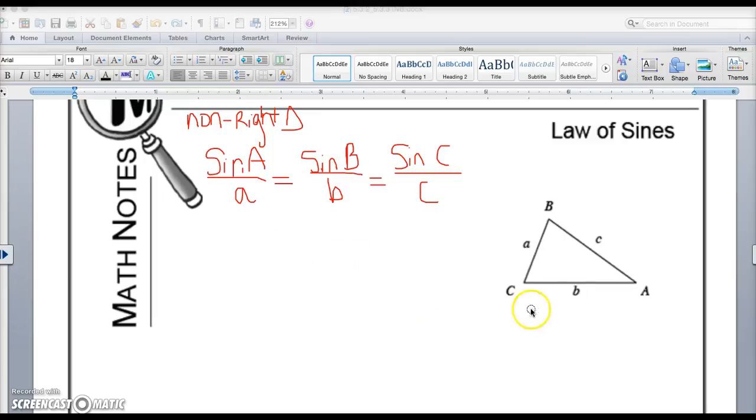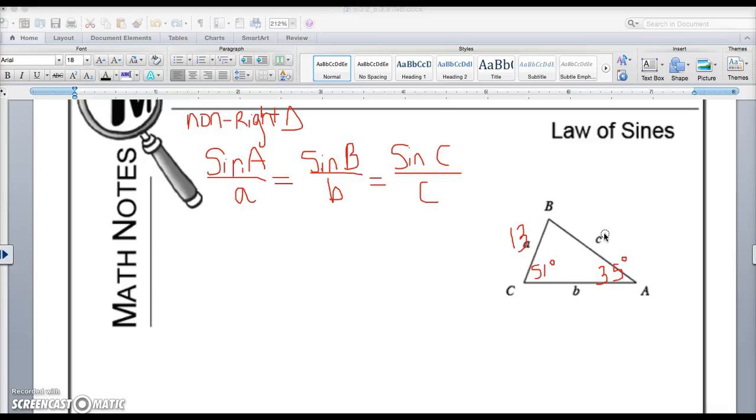So if I were to, okay, I'm going to say that this is, I don't know, 35 degrees. And I'm going to say that C is 51 degrees. Well, if a is 13, just making this up, then what I can find out here right now is side c.